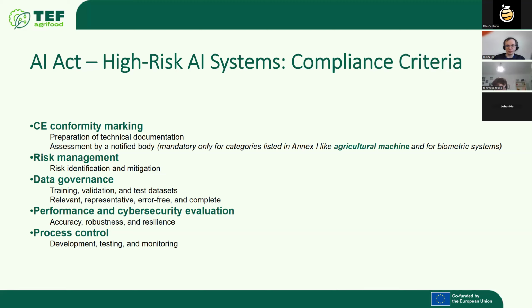High-risk AI systems must be accurate, robust, secure, and reliable, even in unexpected situations. And finally, a company must ensure process control from the development to testing and continuous monitoring after deployment. So, in summary, high-risk AI systems must be controlled at every stage of their life cycle.